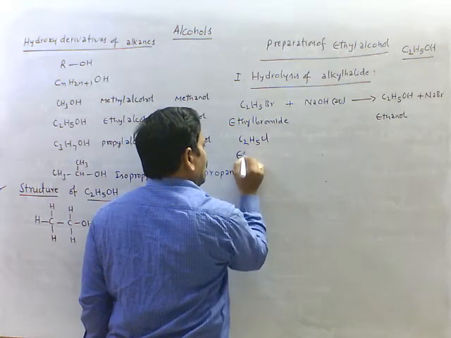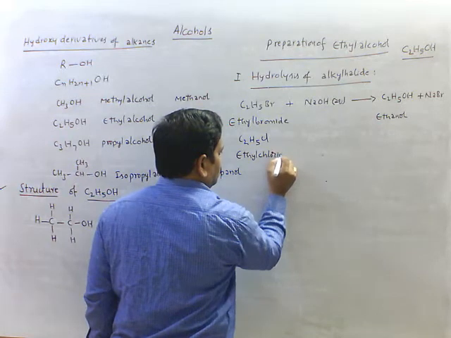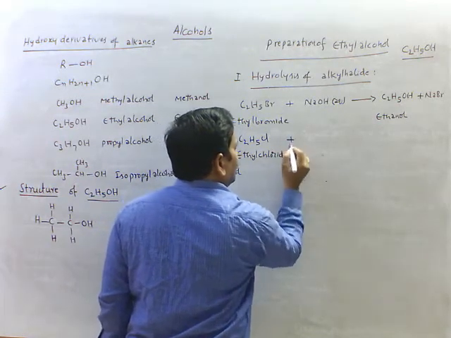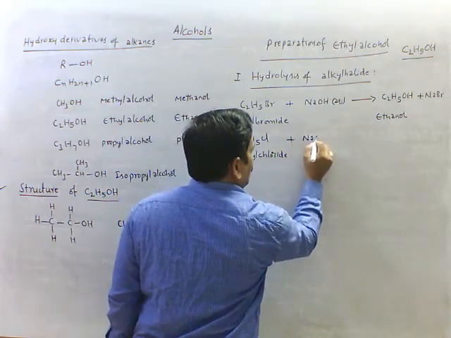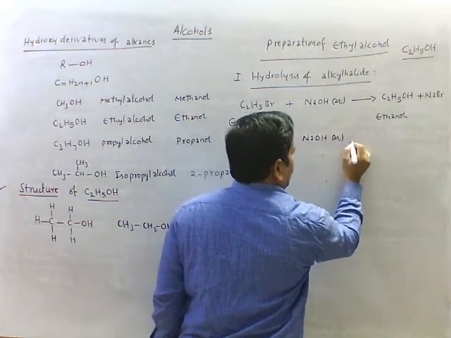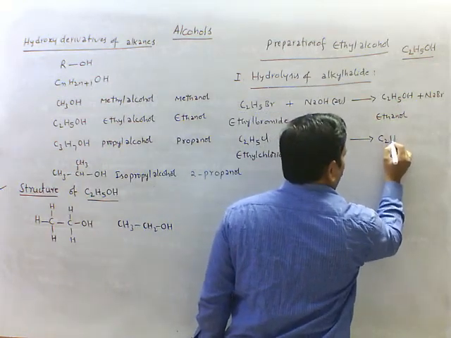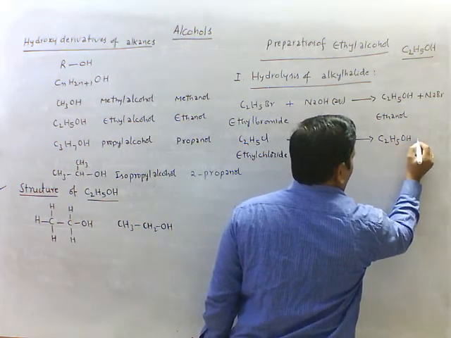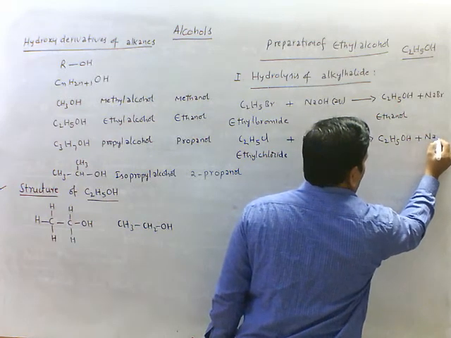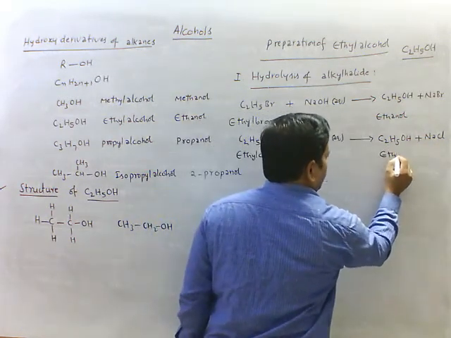This is ethyl chloride, treated with aqueous sodium hydroxide. We get C2H5OH plus sodium chloride. This is called ethanol.